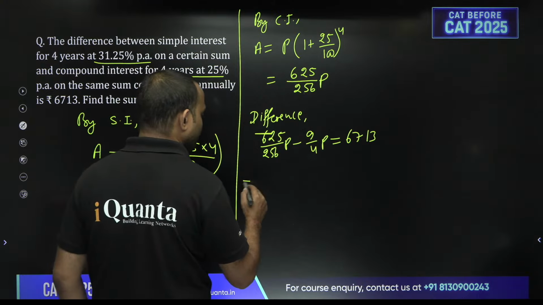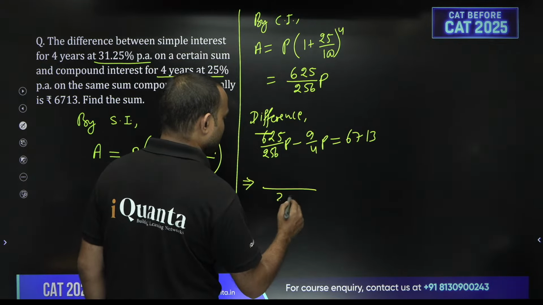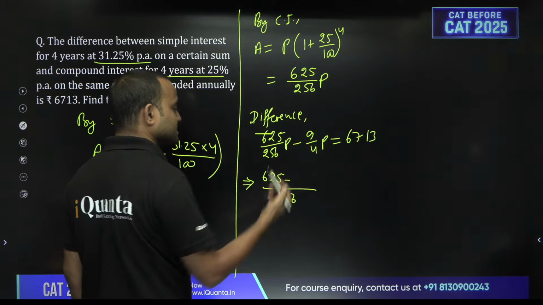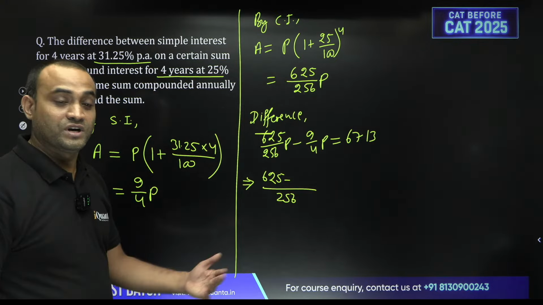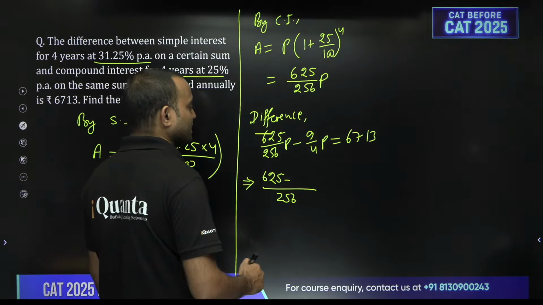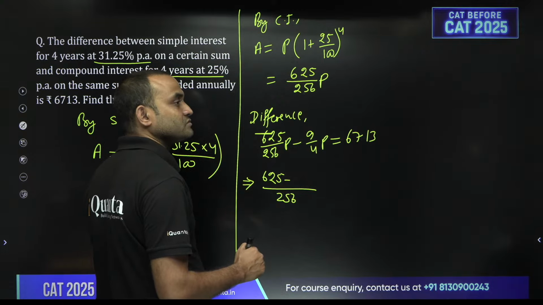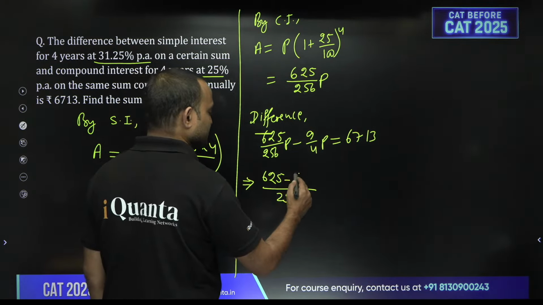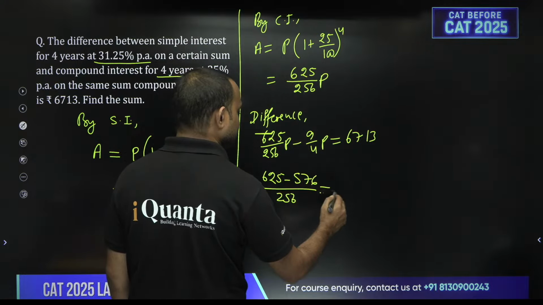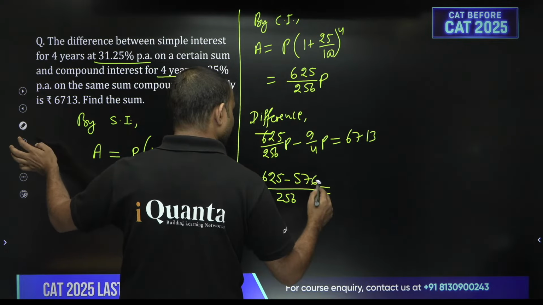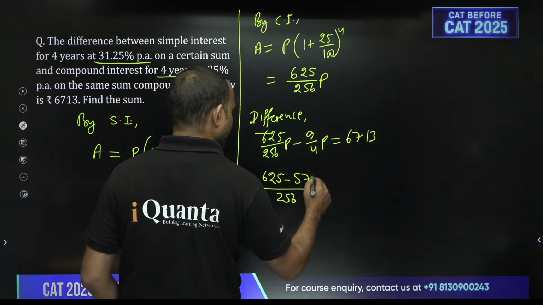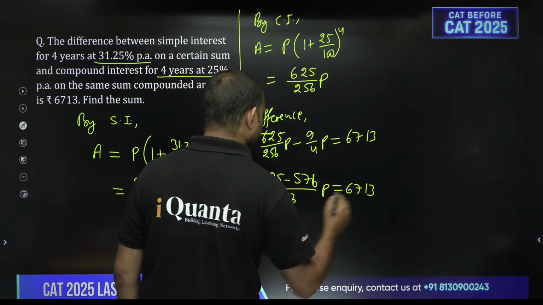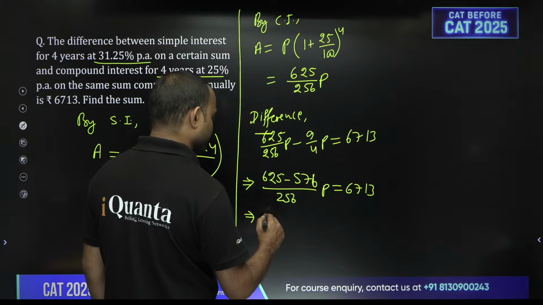Or we can take the LCM as 256, 625 minus 64 into 9. 64 into 9 will be equal to कितना हो जाएगा 640 minus 600, so 576 हो जाएगा क्या, and this is equal to into P is 6713.